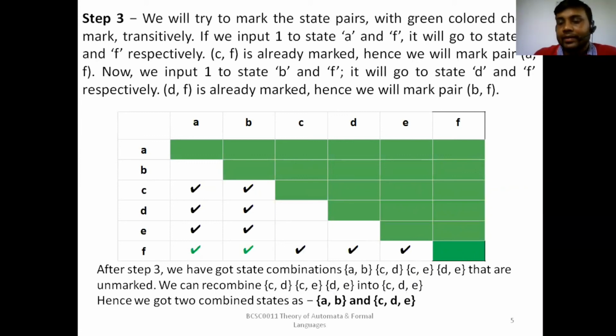So hence we have defined that in the reduced finite automata we have combined states, and those are AB and CDE.